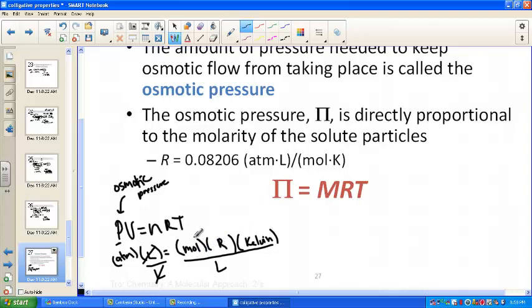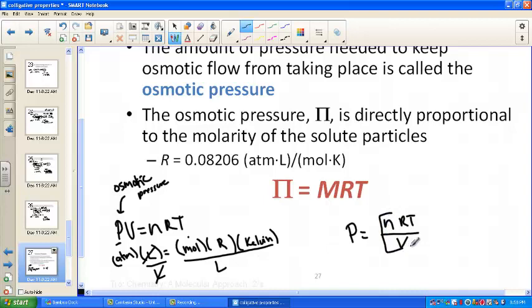Mole times R times T. Here, think about it. nRT, that's the nRT divided by V. So if I rearrange, pressure is equal to nRT over V. Mole times the gas constant times the Kelvin temperature over the volume in a liter.